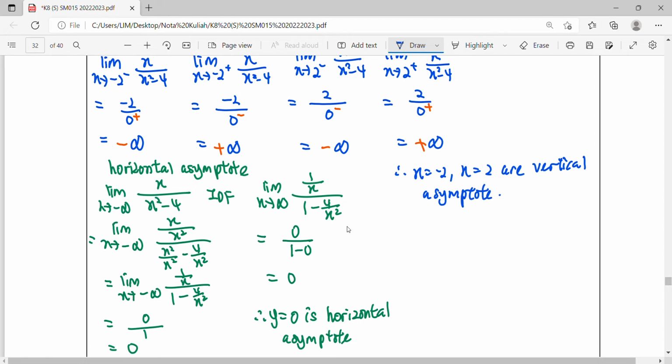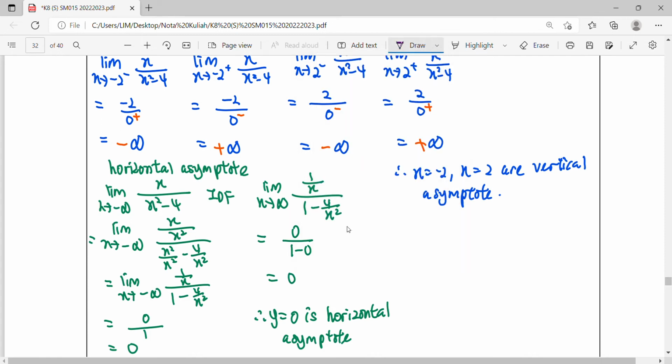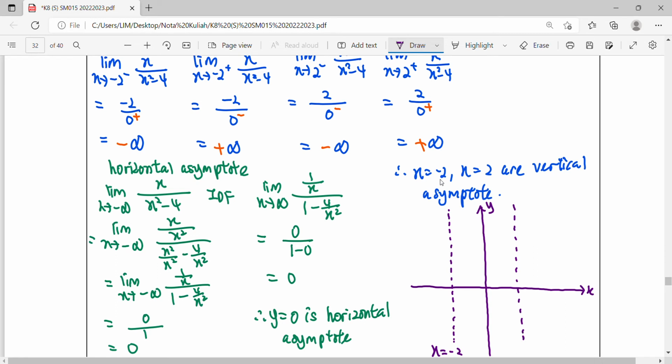Then we can draw our graph already. So set up, okay, draw your x-axis, draw your y-axis, draw your asymptotes where one is at x equals to negative 2, another one is at positive 2, these are vertical asymptotes.